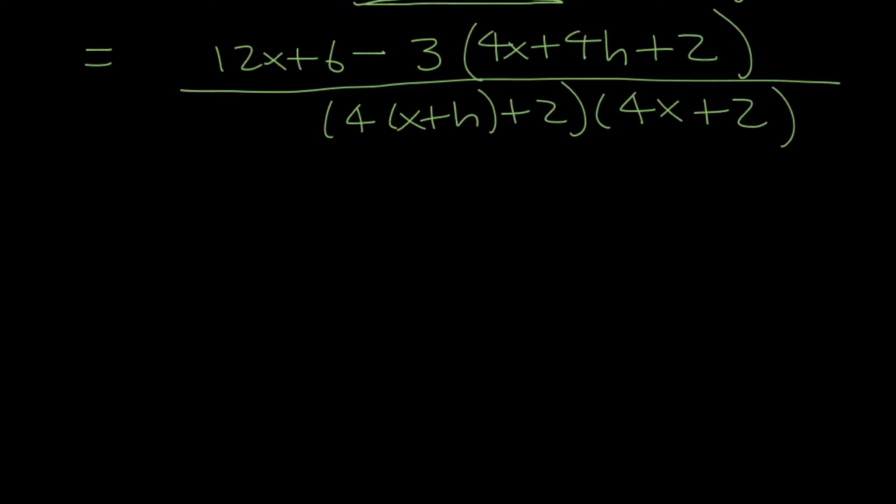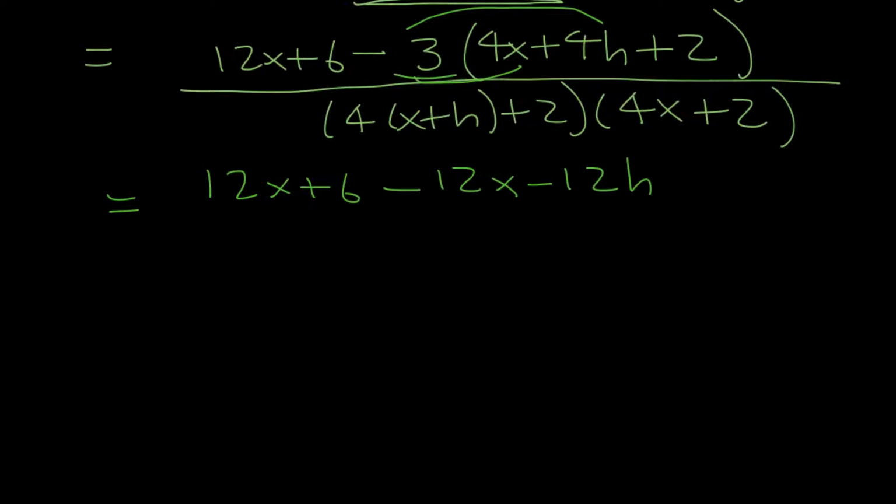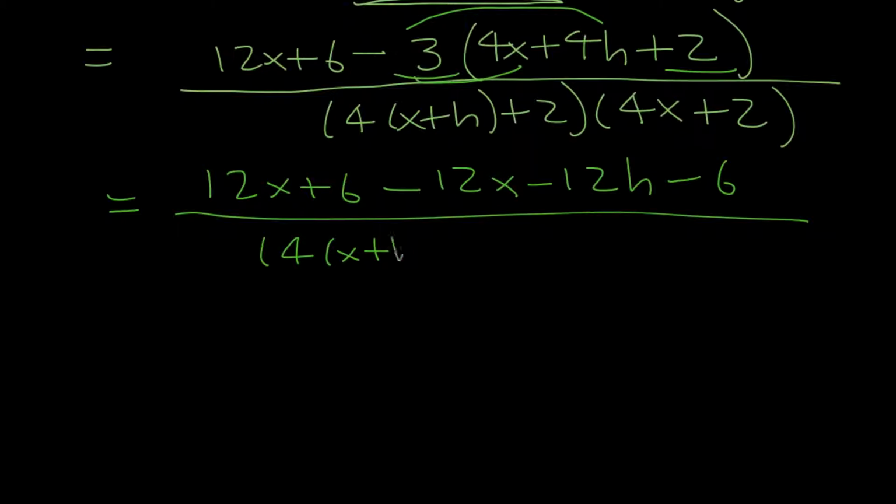Continuing, we're going to use the distributive law in the numerator, and we get minus 12x minus 12h and minus 3 times plus 2, minus 6, over our denominator, 4x plus 2.